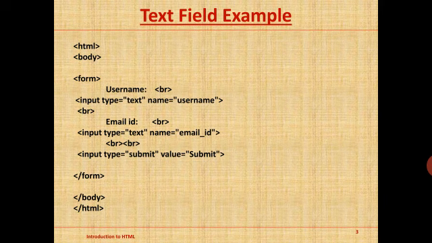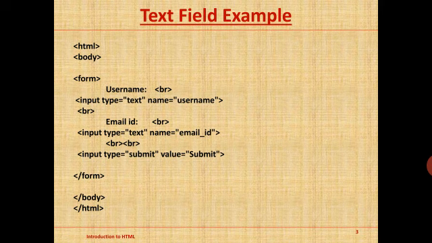Here, the form tag begins with the tag form. Username is the label. After the username, we have used input type tag. Here, input type indicates we are using text field.